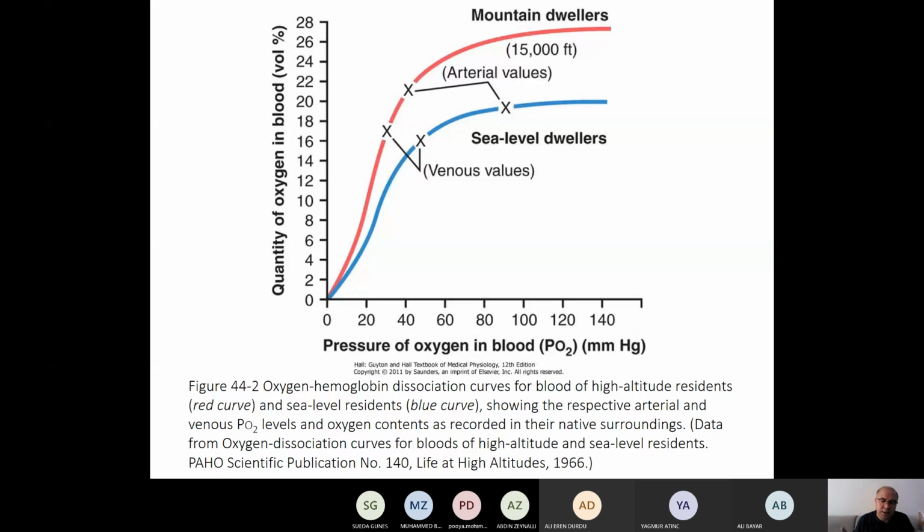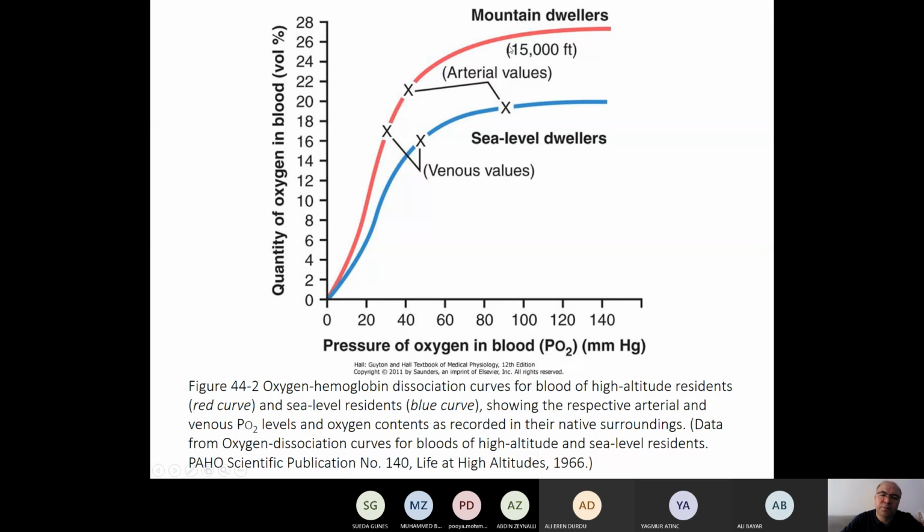Their red blood cell amount can go down, but the barrel-shaped chest cavity will not change. Again, when somebody goes up to very high altitudes, his chest size does not change.